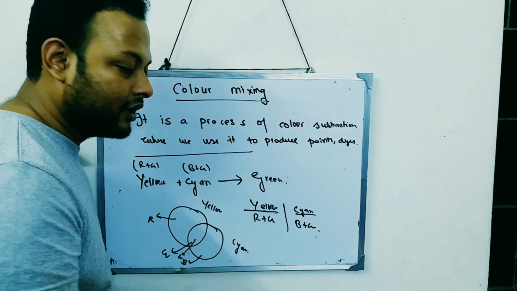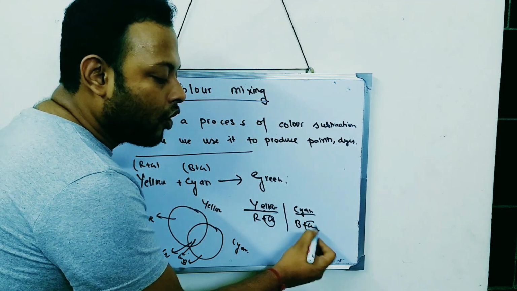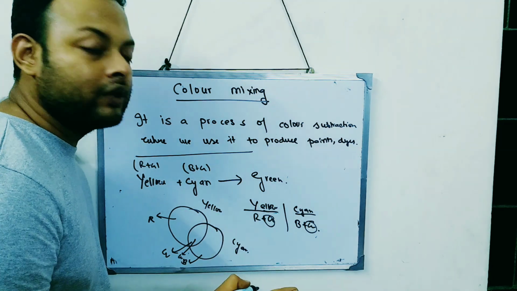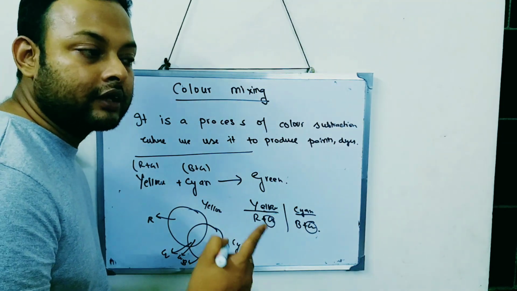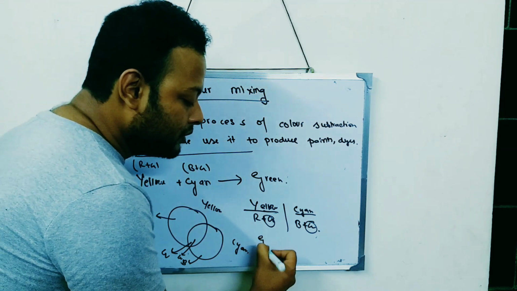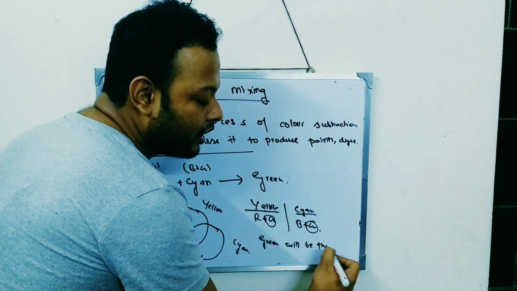Now you can see if I completely mix the yellow and cyan, the green color is the common part. If green is the common part, then green is the output.